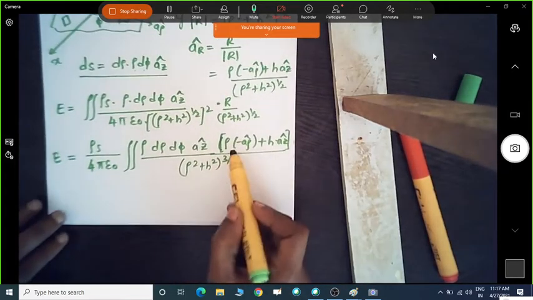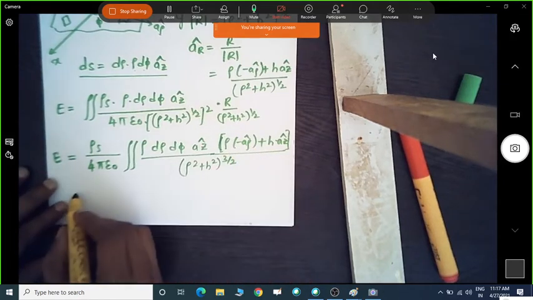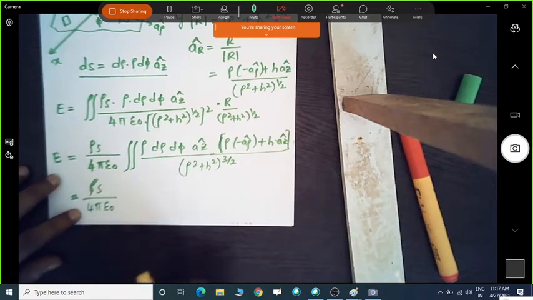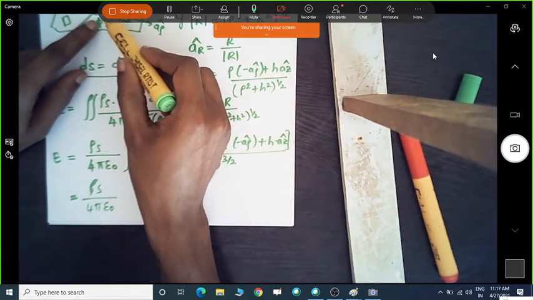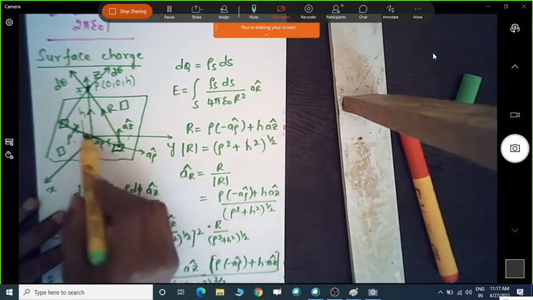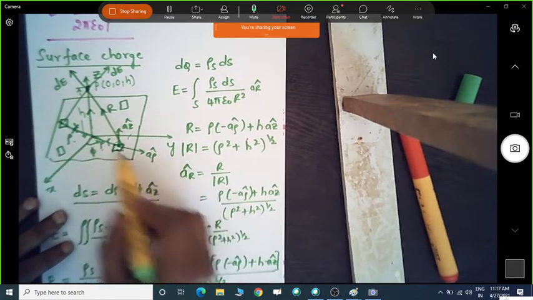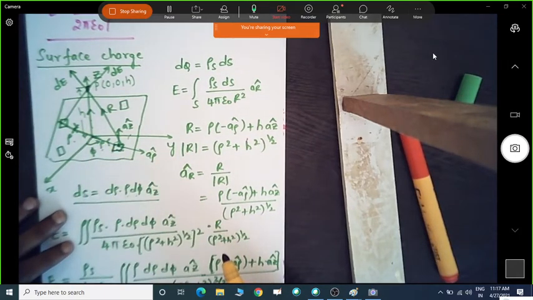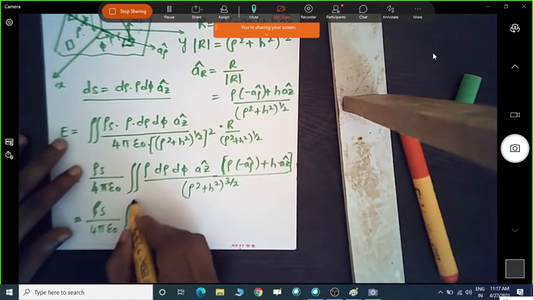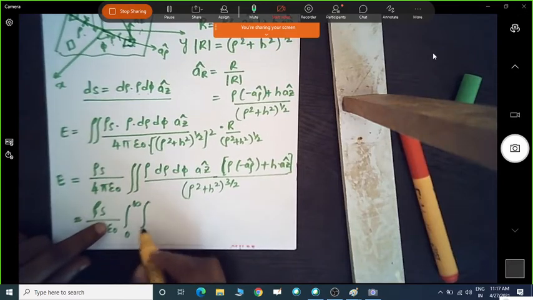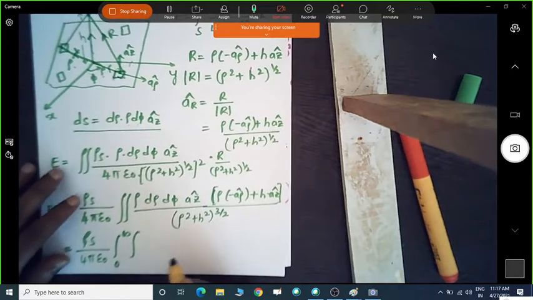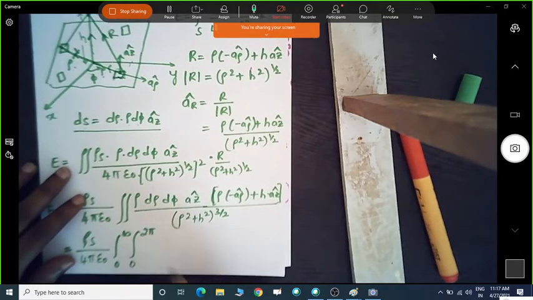So that component becomes 0, and we can rewrite this as rho s divided by 4 pi epsilon naught. Since it is an infinite sheet, this rho extends up to infinity; the radius can go to infinity. So the integral for rho goes from 0 to infinity, and in the phi direction the sheet covers 2 pi, so that is 0 to 2 pi.